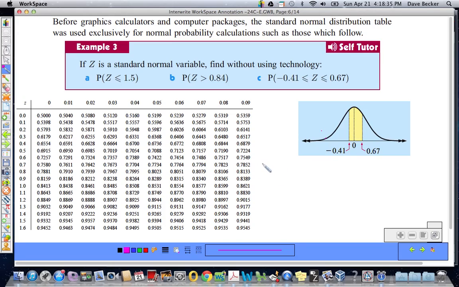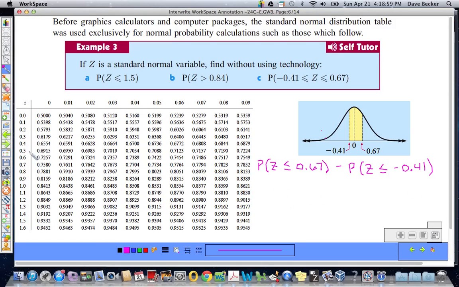Remember, this table calculates the area to the left of the curve. So what I want to do is take the probability that z is less than or equal to 0.67 and subtract the probability that z is less than or equal to negative 0.41. Okay, so let's do that.